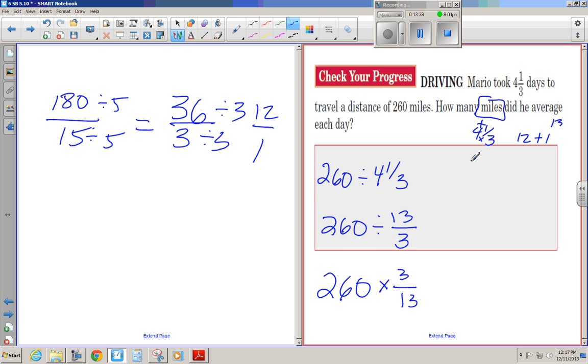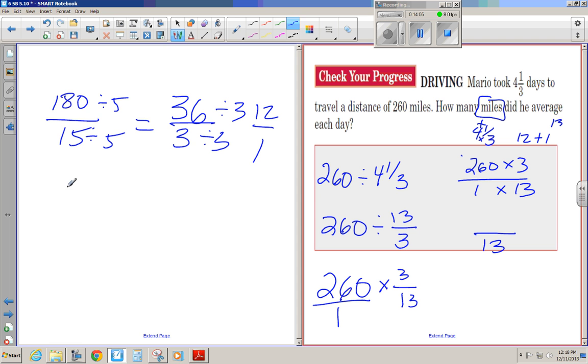All right, this time I'm going to pretend that I don't know that these two can be reduced. I'm going to do 260 because it's 260 over 1. So I have the denominator.